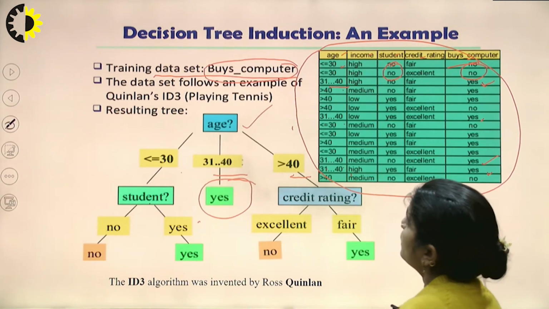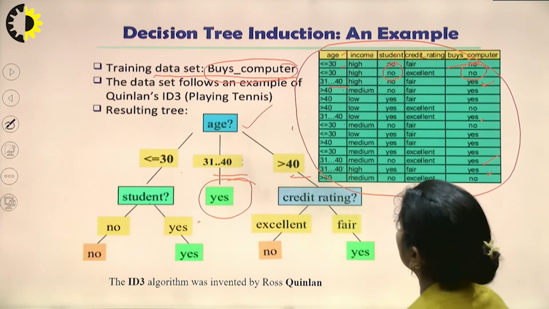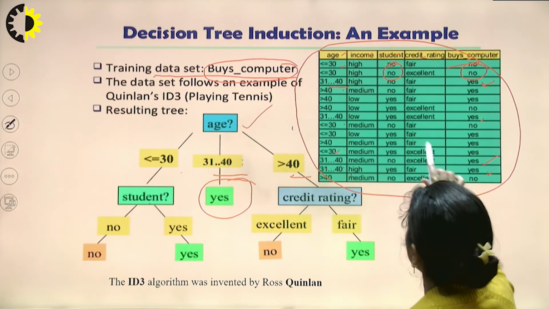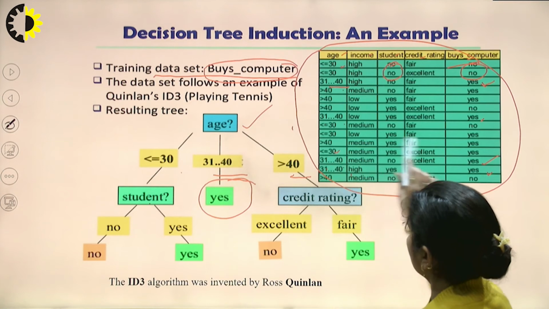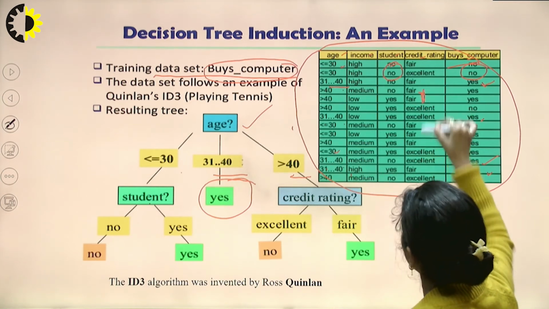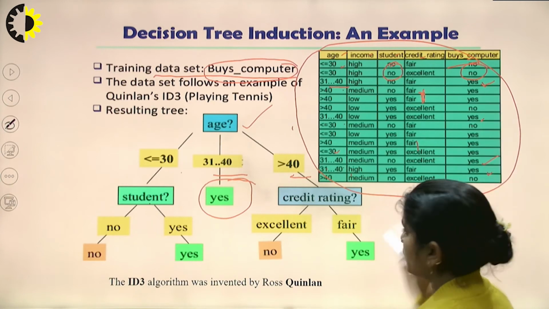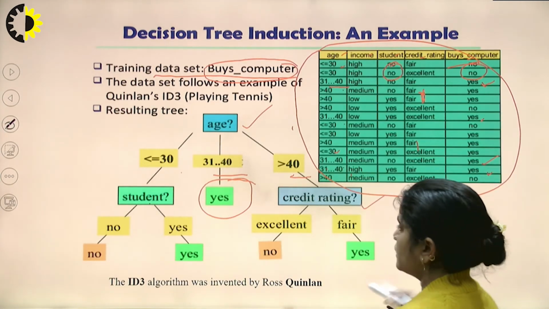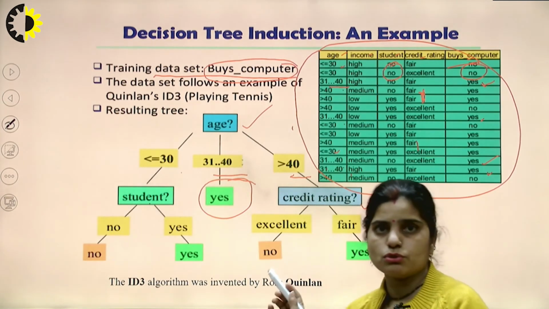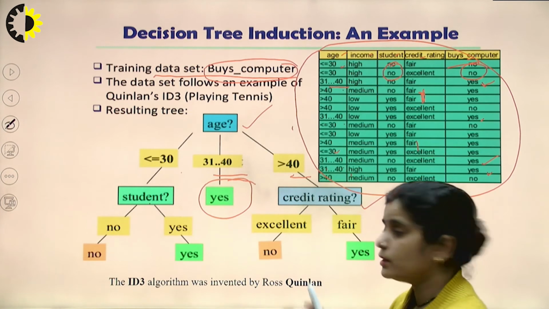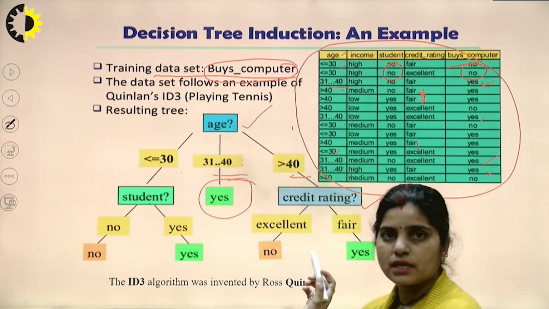Similarly, in the age range of greater than 40, if the credit rating is fair, then buys computer is yes. So we select credit rating as an attribute, and it is used to define the subnodes of that particular node, which are excellent and fair.